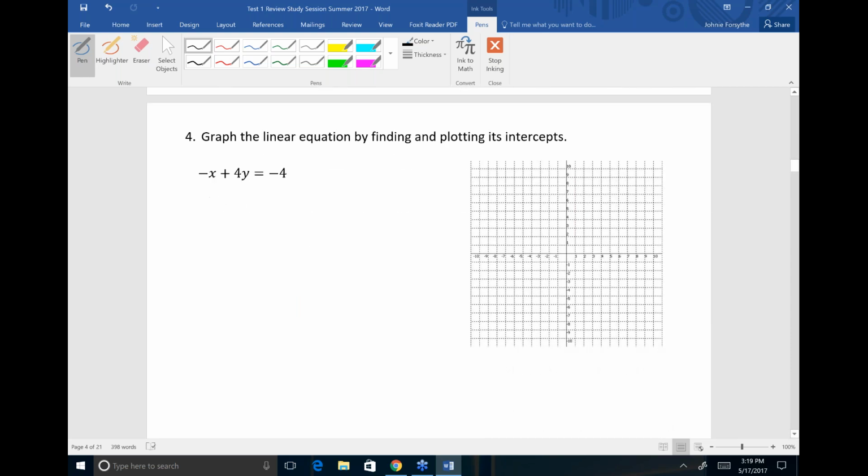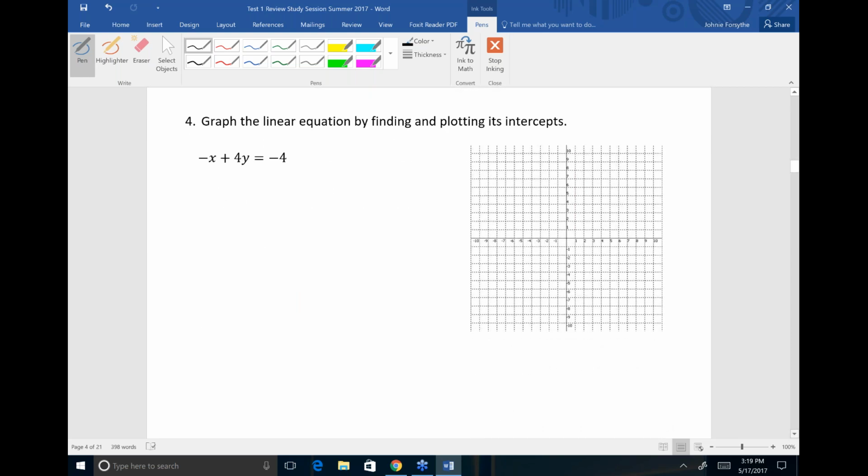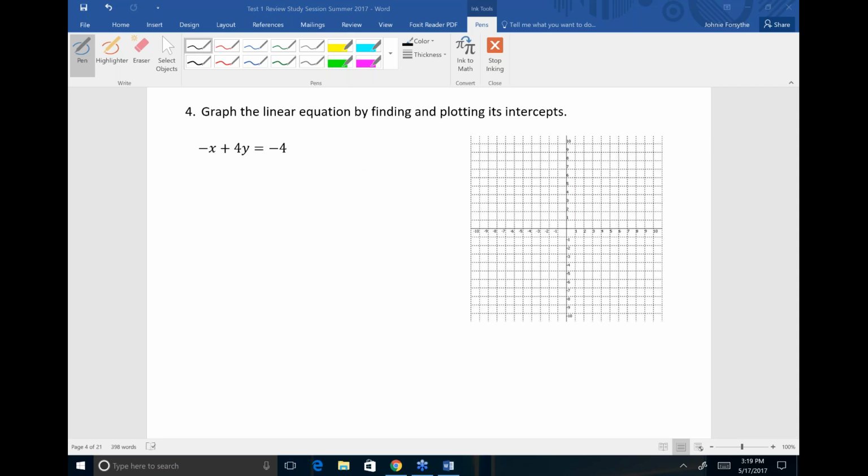Graph the linear equation by finding and plotting its intercepts. Okay, so remember that an intercept is where your line crosses that particular axis. The horizontal axis is your x-axis, and the vertical axis is your y-axis. So where your particular line crosses each axis, that is your intercept for that axis.